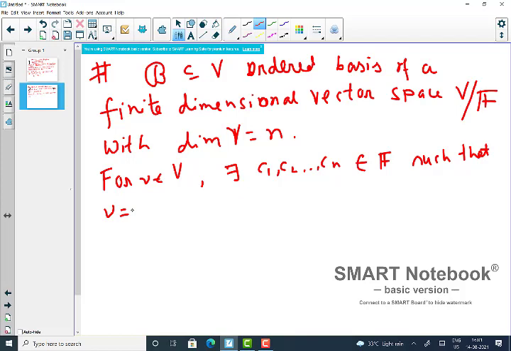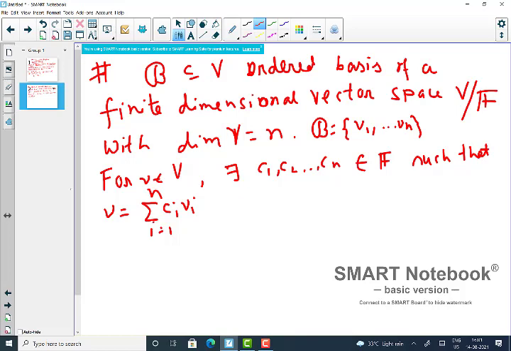Let me assume that my basis vectors are small v1 up to vn. Then I can write this as the summation of ci vi, i equal to 1 to n. This you already know, right?